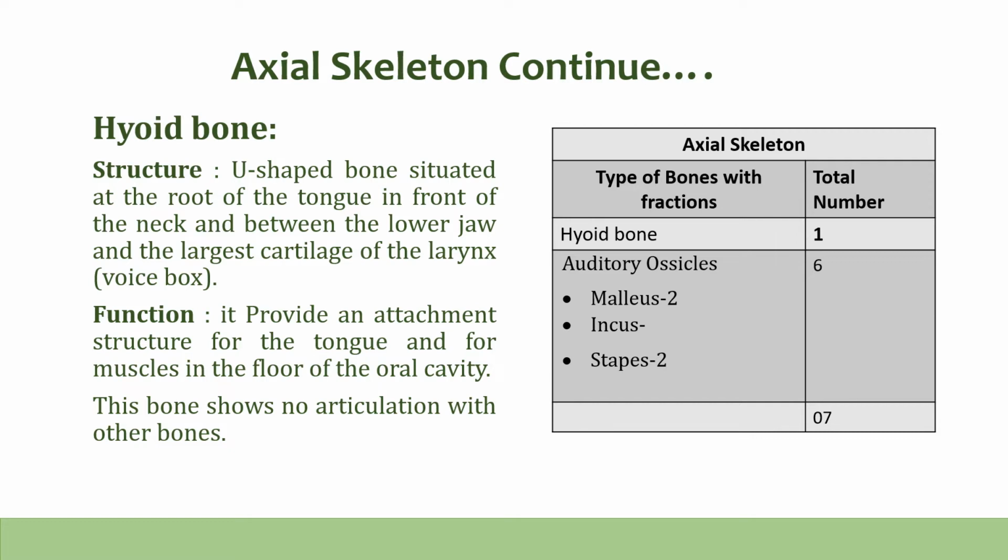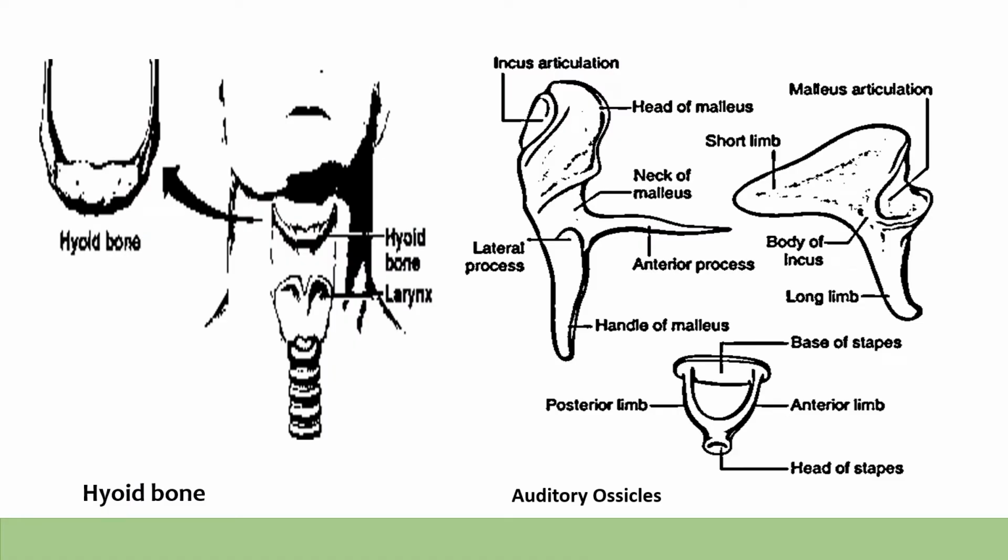Now you can see over here the diagrammatic representation of the hyoid bone, where it is located: larynx, hyoid bone, and this is the structure of the hyoid bone. After the hyoid bone, we are going to see the auditory ossicles.